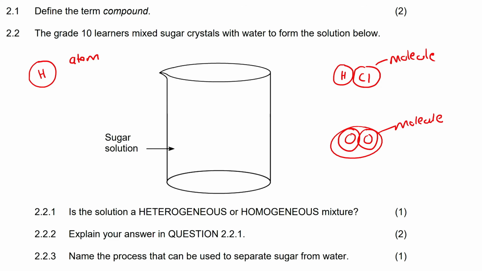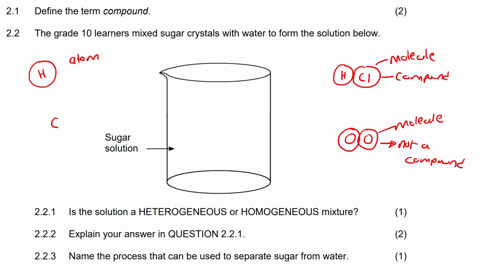So for example, this one here is also a compound because there are 2 or more and they are different. But this one over here is not a compound. Because there are 2 of them at least, but they're not different. They have to be different.